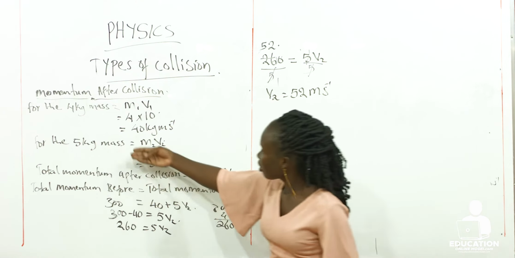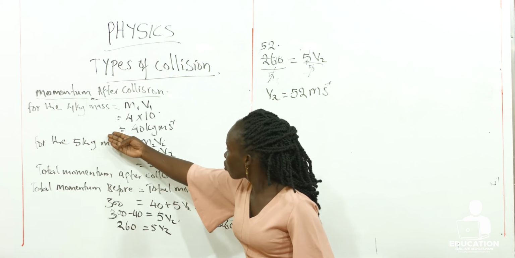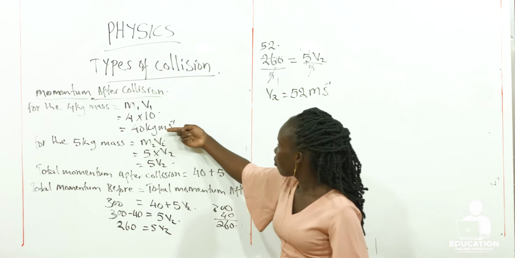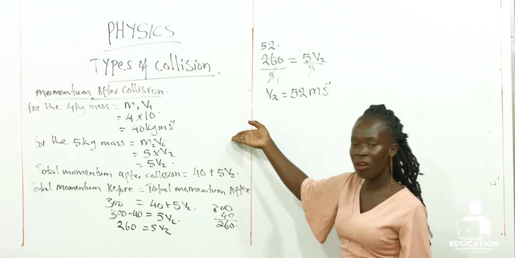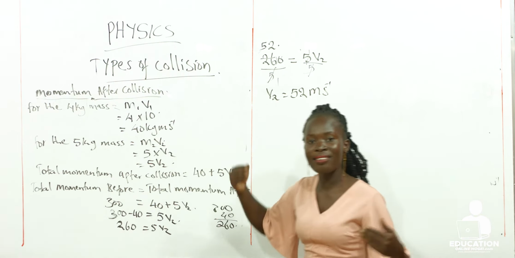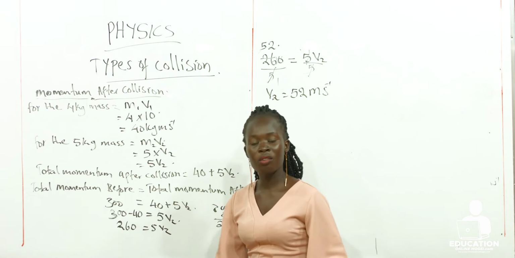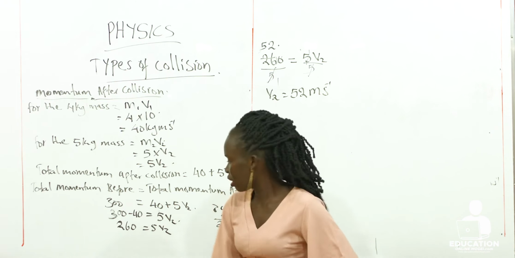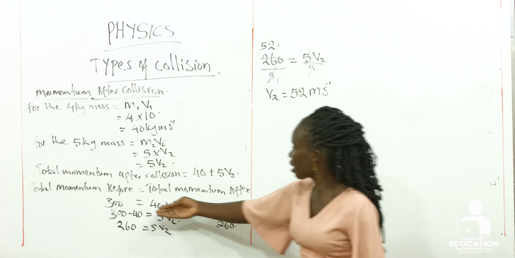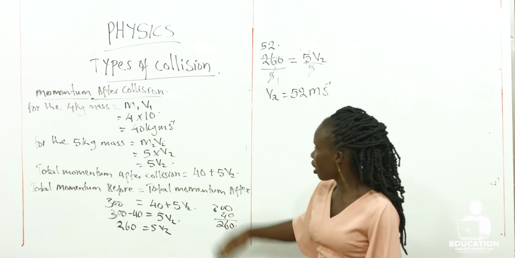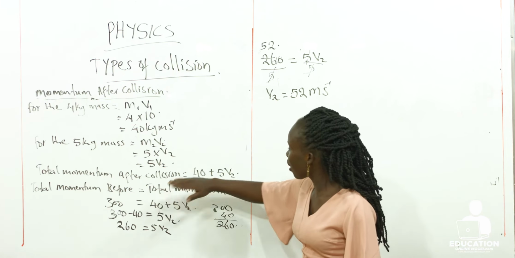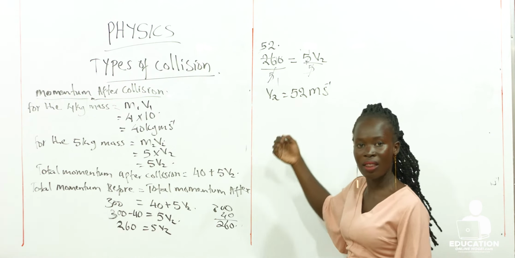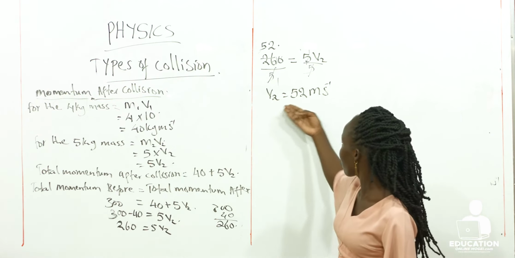If you check the first body, this is the 10 after, but before it was moving with a velocity of 40. That means there is a reduction in its speed. Their speed was reduced after coming into contact with each other. Even if you check the second, at the first time it had a lower velocity, but for the second one there is an increase.